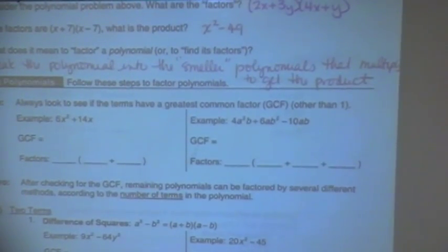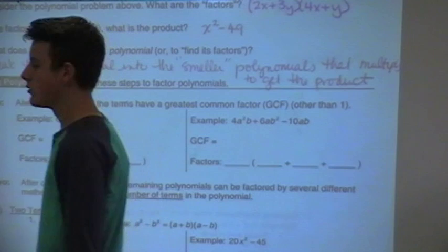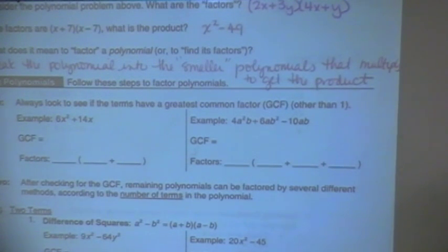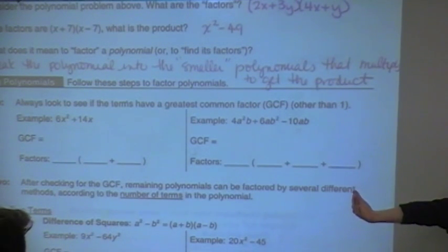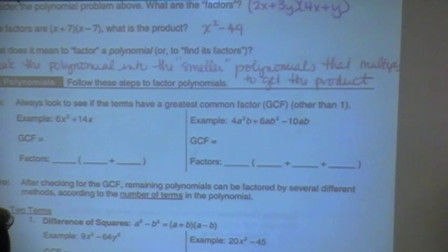Okay, so the first part of factoring, now this has nothing to do with what size of polynomial it is. This has to do with every single problem. Every single one of them could have a greatest common factor. You have to check that first, no matter what. Because later on, if you don't check and you just launch into one of the other kinds of factoring, you'll work the problem, you'll get an answer, and it will be wrong because you didn't factor out the greatest common factor first.